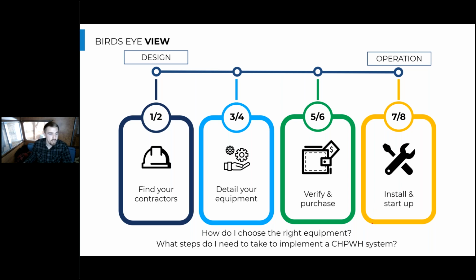And hopefully I've helped answer the question of how do I choose the right equipment, as well as what steps do I need to take to implement a commercial heat pump water heater system.